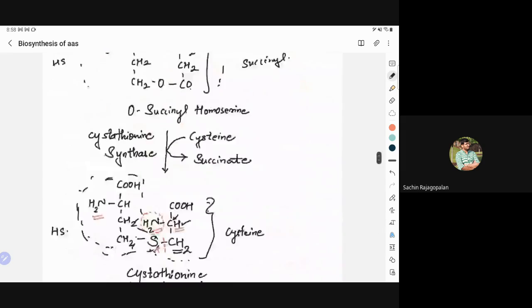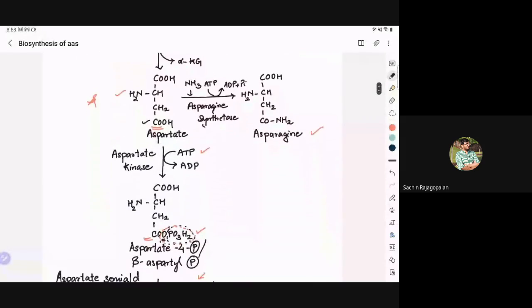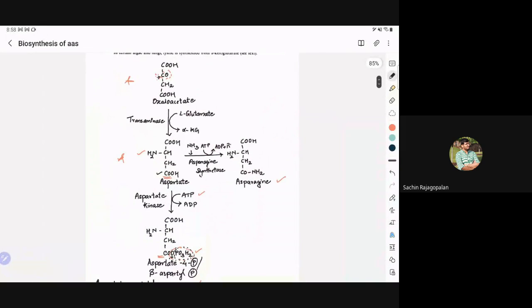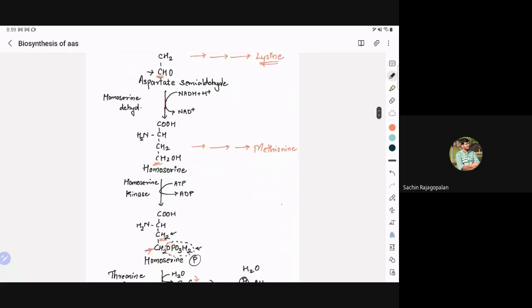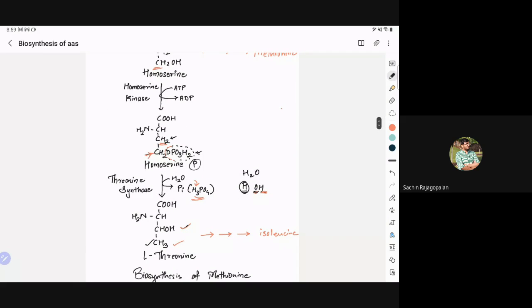So let us go back to that first pathway that we did, wherein we saw what are the different aspartate family amino acids that we are going to synthesize. There we saw synthesis of three amino acids, if you remember. We saw how aspartic acid is synthesized from oxaloacetate, how asparagine is synthesized from aspartate, and also how you basically synthesize threonine out of aspartate.